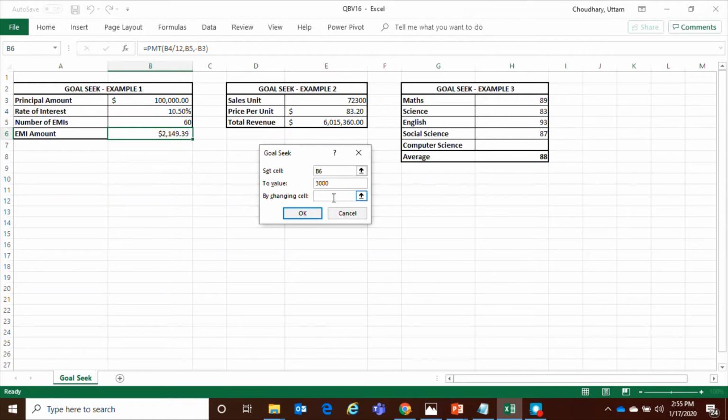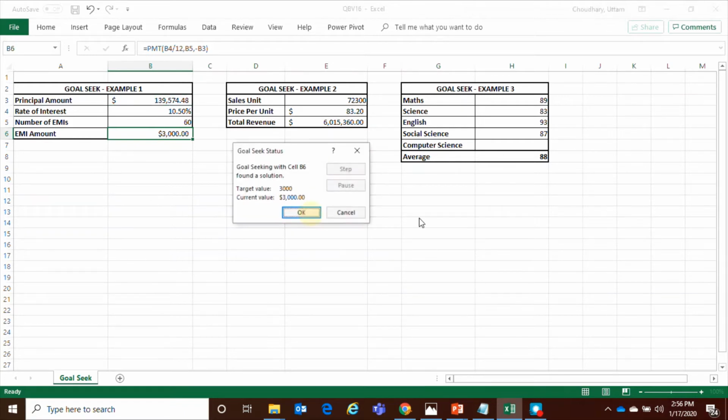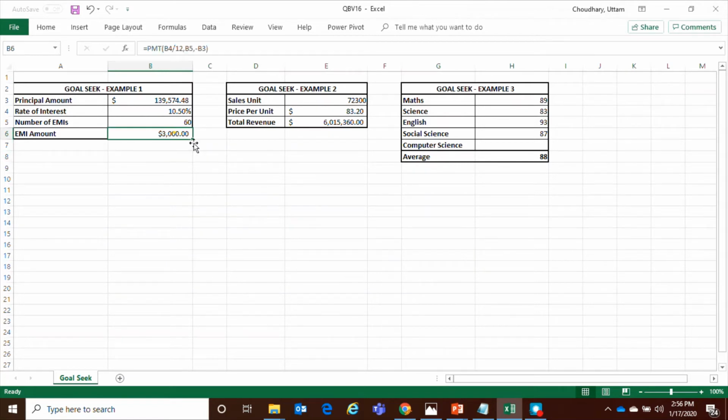And if I am setting this to 3,000, I would want to know what would be my principal amount. If I do OK, it immediately tells me that if the person taking the loan is okay to pay $3,000 a month, he is okay to get a loan of $139,574.48.